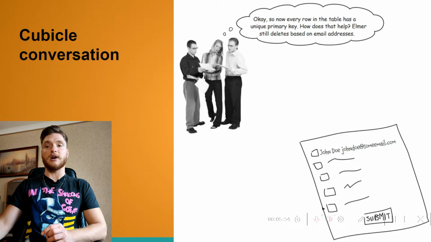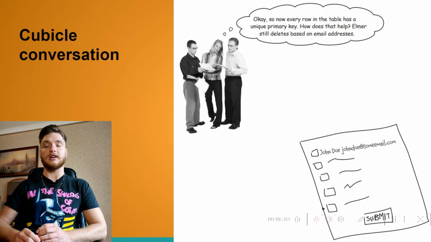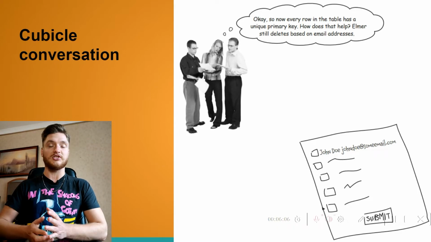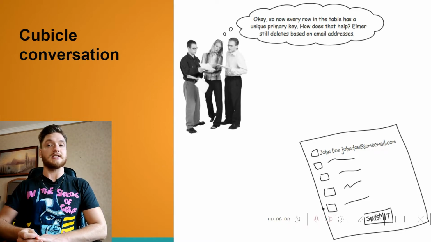Frank: Nice sketch, but how does that help Elmer isolate a customer for deletion using their ID? Joe: What if we store the customer ID in the value of the checkbox? That way it isn't actually visible, but the script can get to it. Jill: That's a great idea. So we could generate the form automatically in a loop by doing a select to get all the data and then creating each checkbox input field from a row of query data.